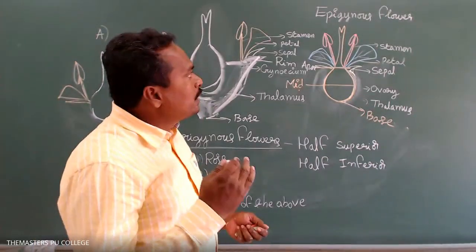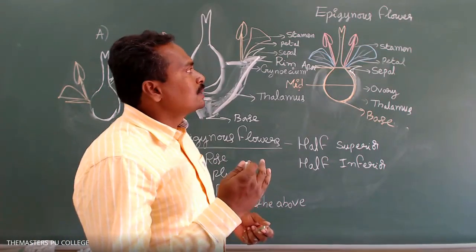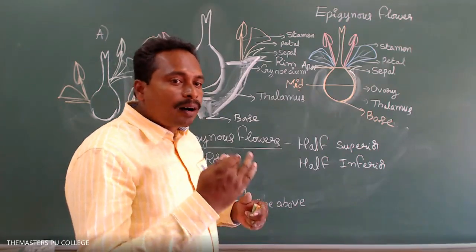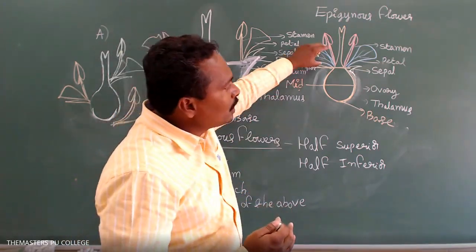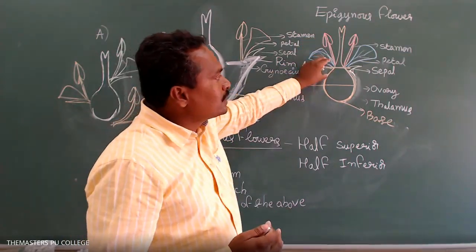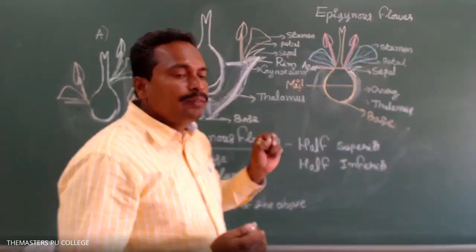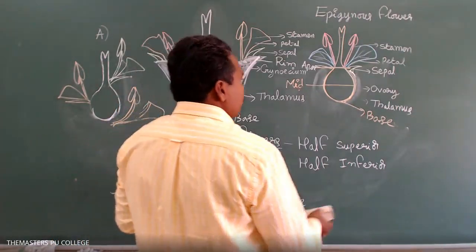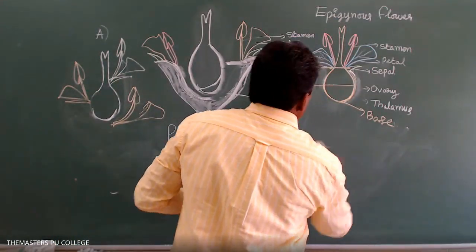So in epigynous flowers, the stamens, petals, and sepals are arranged from above the ovary. So in epigynous flowers, the ovary is inferior.